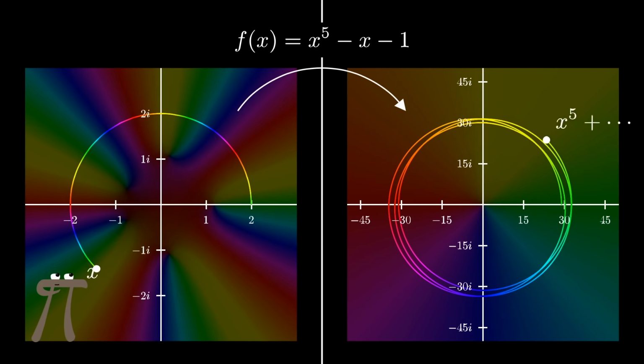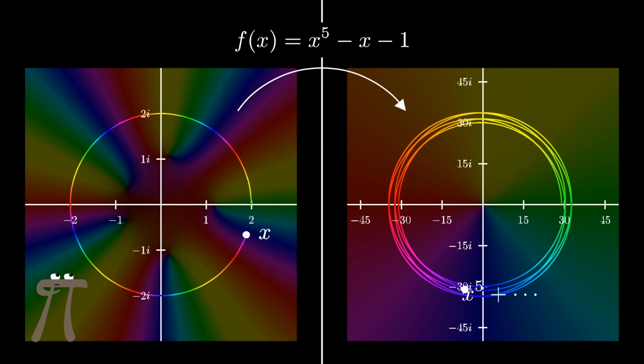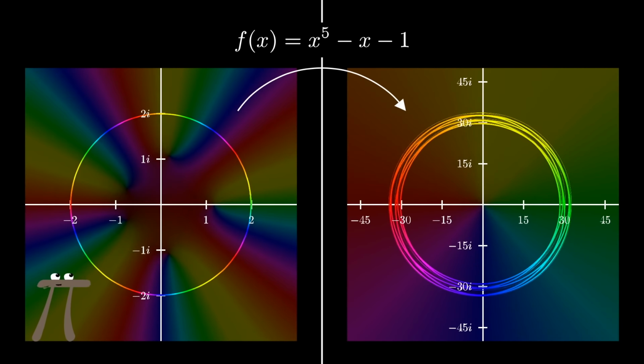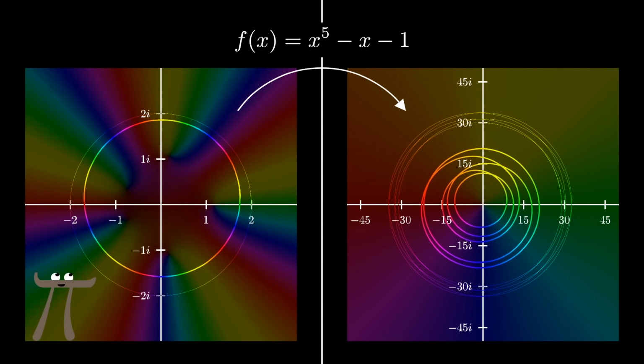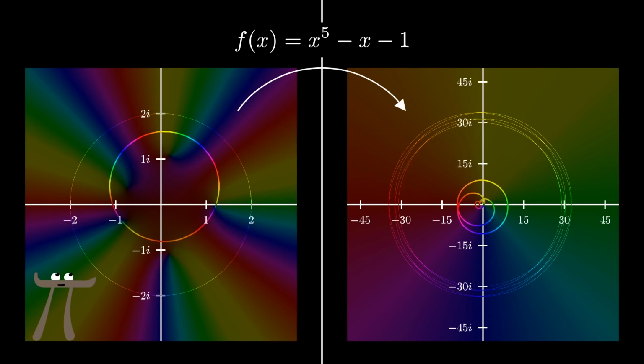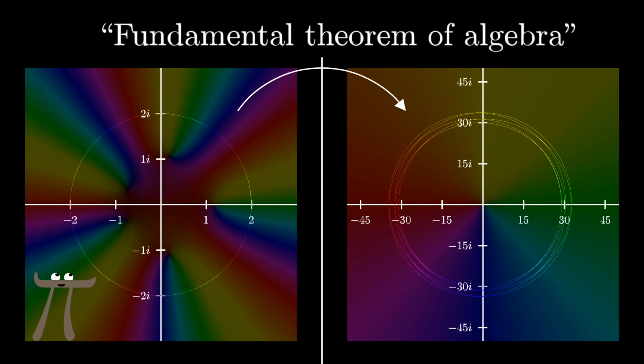So any complex polynomial whose leading term is x to the n has a winding number of n around a large enough loop. And in that way, our winding number technology actually guarantees that every complex polynomial has a zero. This is such an important fact that mathematicians call it the fundamental theorem of algebra.